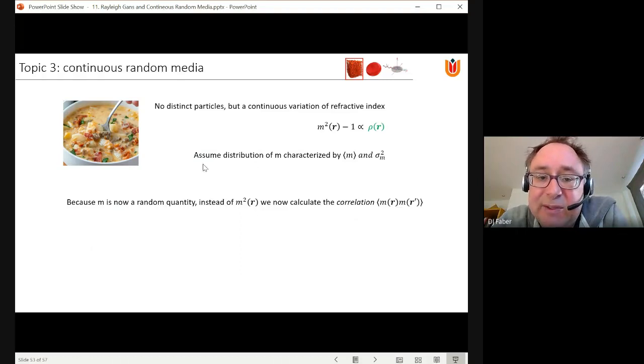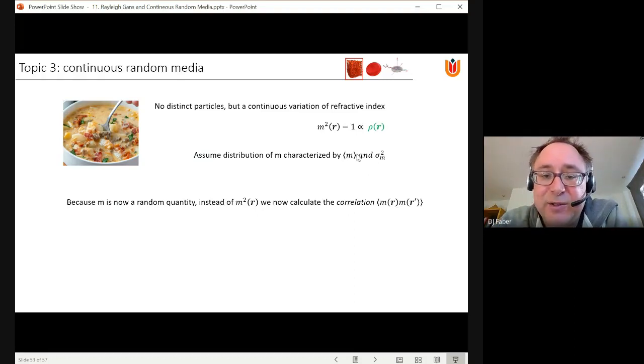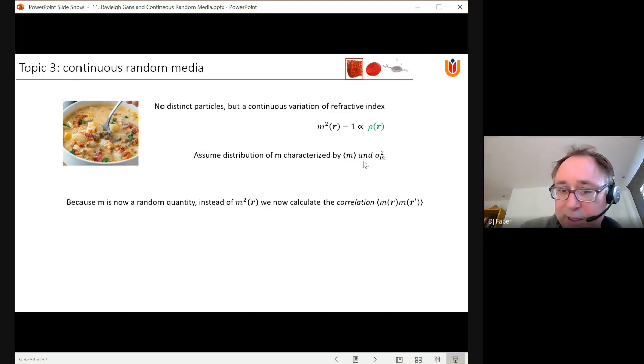To make things a little bit manageable, we assume that the distribution of m, or m squared, can be characterized by two values only. So you don't need to have the whole distribution. If you know the mean and the variance, then that should be enough to calculate the optical properties.